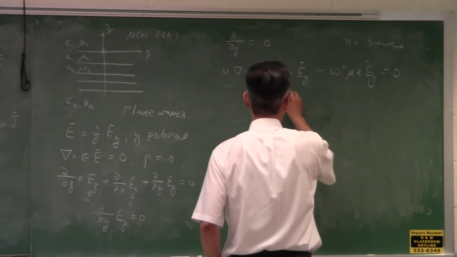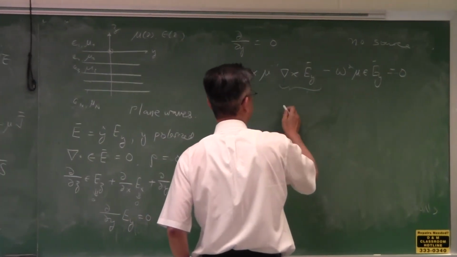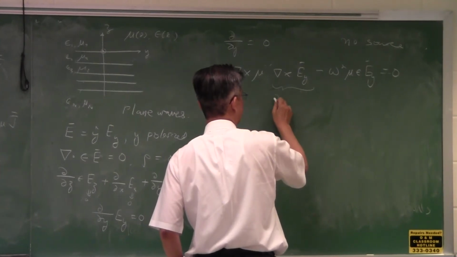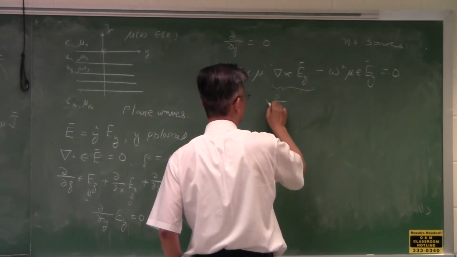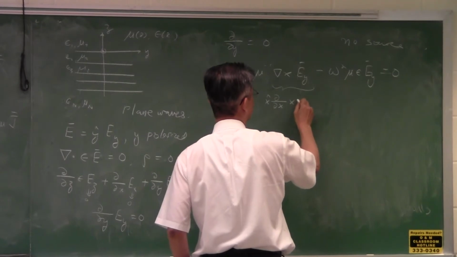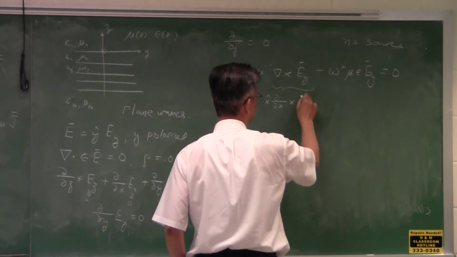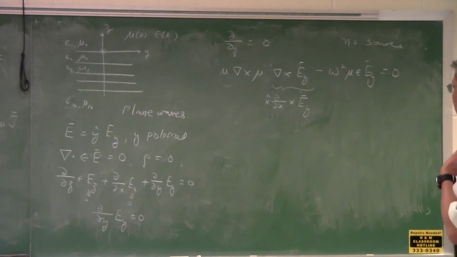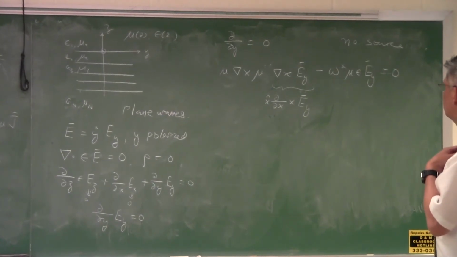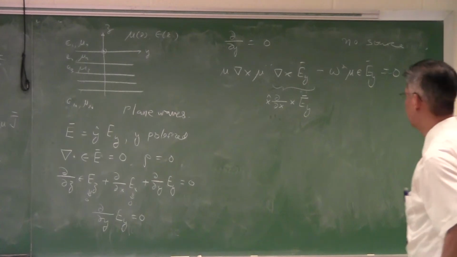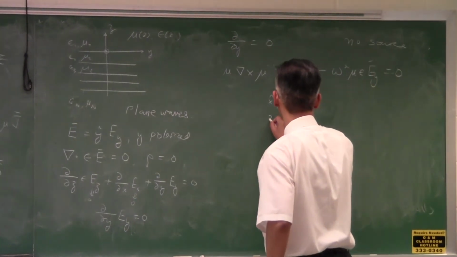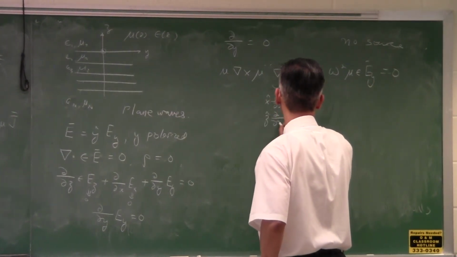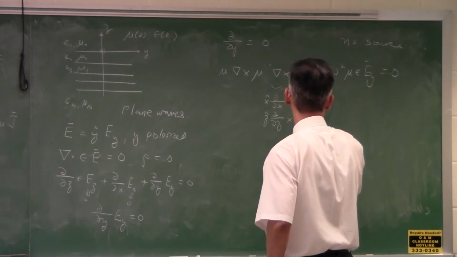Because there's no y variation, this must be something like partial x cross Ey, since partial y is equal to 0. Then there should be a partial z as well, cross Ey.